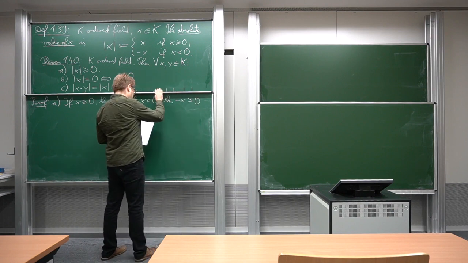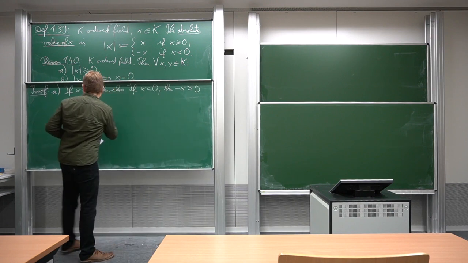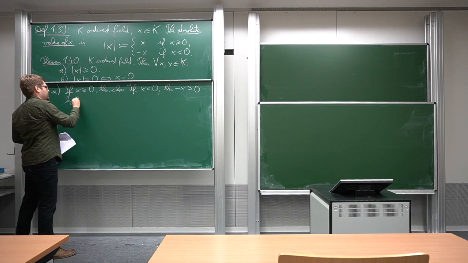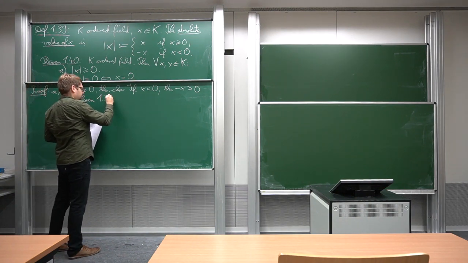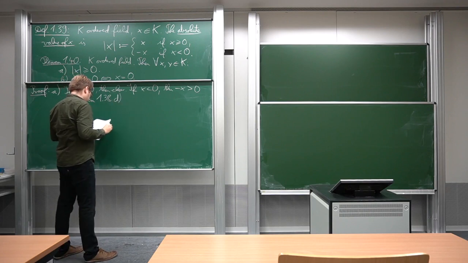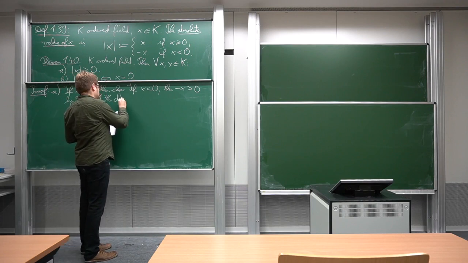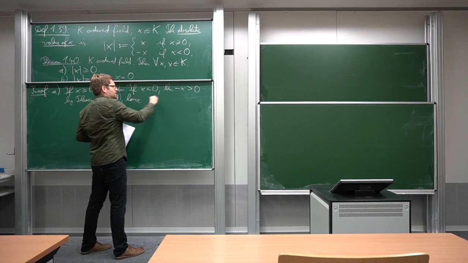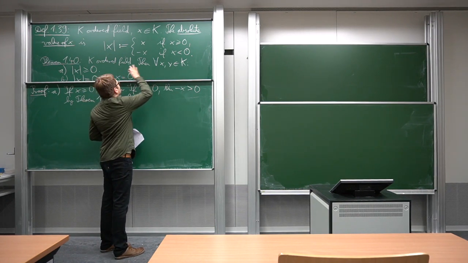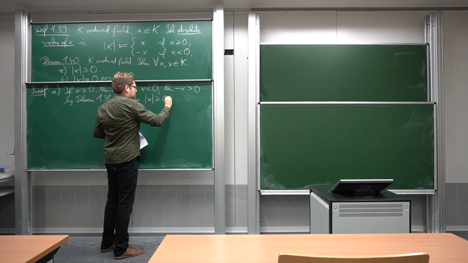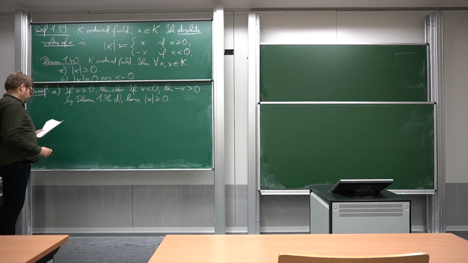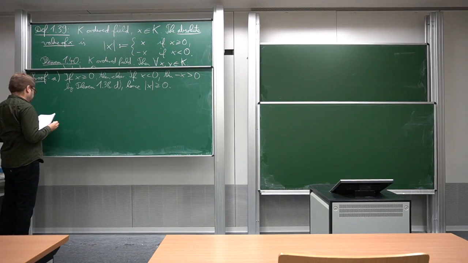This is part of the theorem I didn't mention completely. This is by theorem 138.d. So if this is positive, and we know that the absolute value is precisely this number, it follows in particular that this is bigger than or equal to 0.